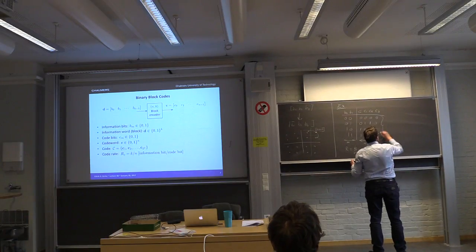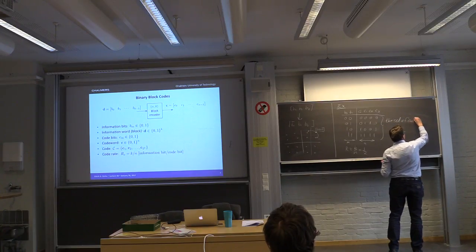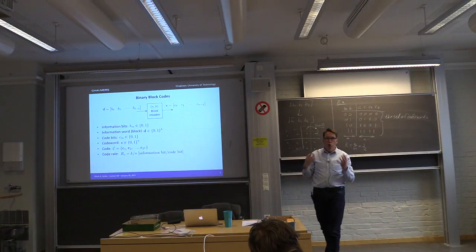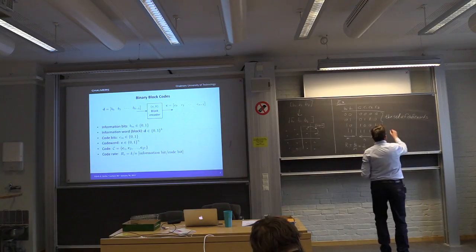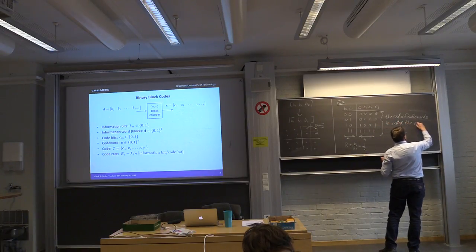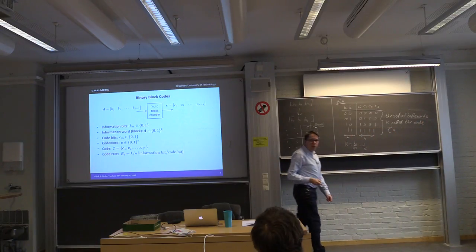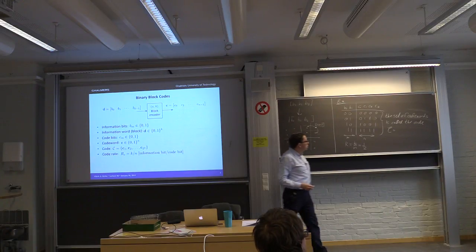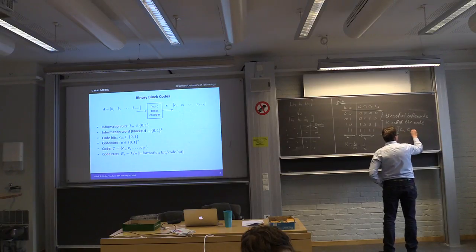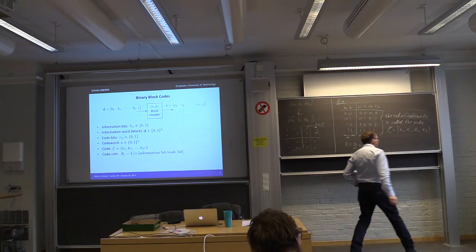The set of code words is actually called the code, and we denote that by curly C. So it's the set of code words c0, c1, c2, and c3 in this case, since we had 4 code words.